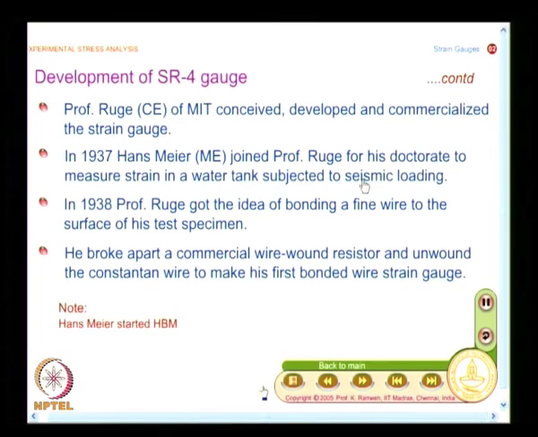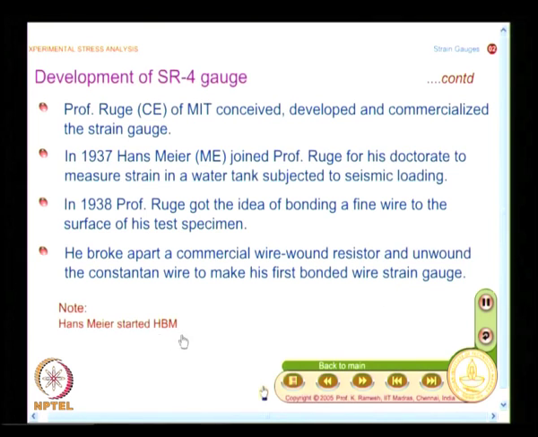And you should also know, theses are not designed on the first day when you join under a professor. If you look at how the strain gauge was developed, he joined for a particular work and the whole interest got transformed into a different work. Rouge got the idea of bonding a fine wire to the surface of the test specimen, and Hans Meyer bought a commercial wire wound resistor, and they had also made a resistor made of constantan wire, and he made the first bonded wire strain gauge.